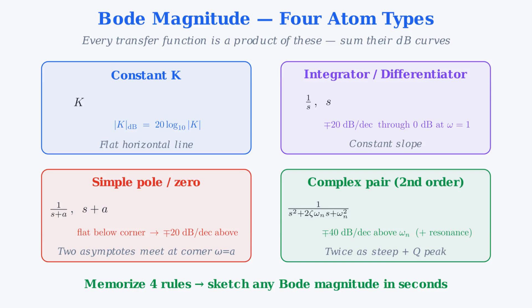Simple zero, s plus a, the mirror image. Flat below the corner, plus 20 dB per decade above. Complex conjugate pair. Same idea, but the slope is twice as steep, minus 40 or plus 40 dB per decade, and there is a resonant peak or dip at the corner whose height depends on the damping ratio. 5 rules. Memorize them once, use them forever.